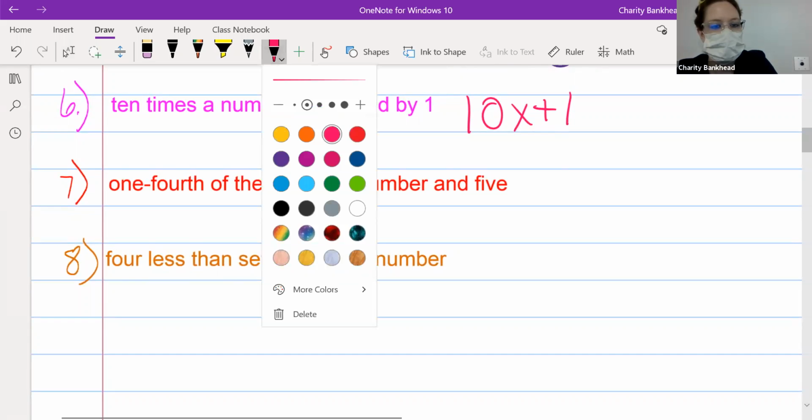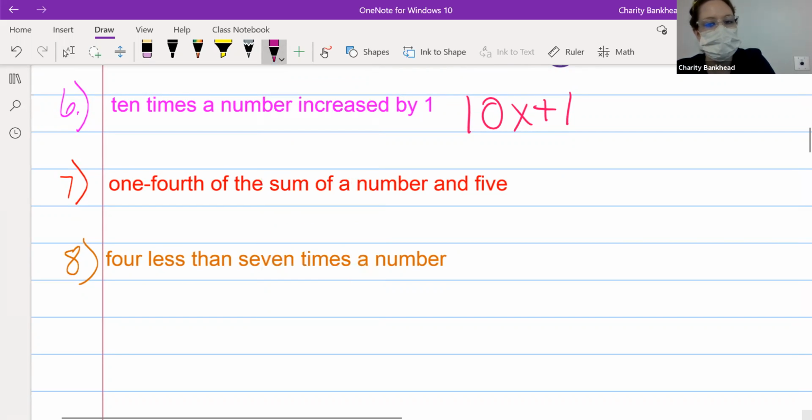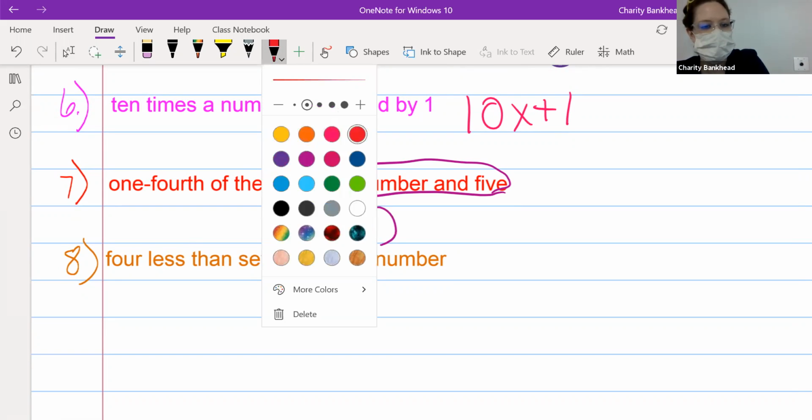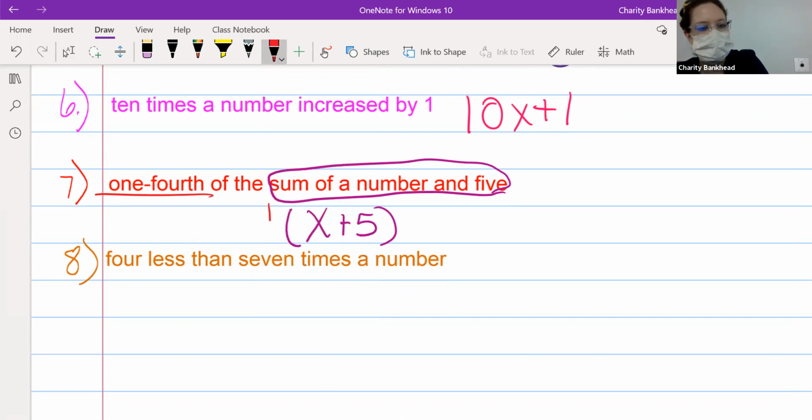So that would be 1/4 multiplied by the entire sum. So that's going to be in parentheses, the sum of a number and 5. So X plus 5, that's in parentheses. And then it's 1/4 multiplied by all of that.